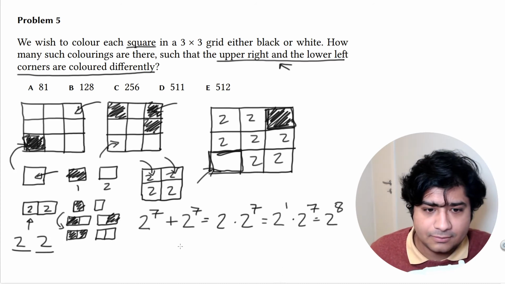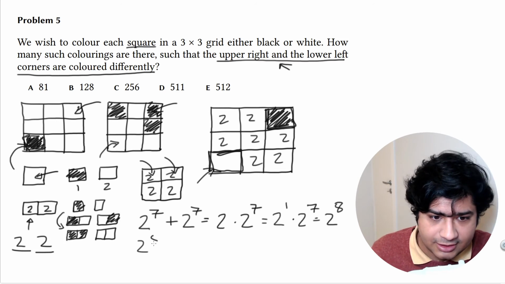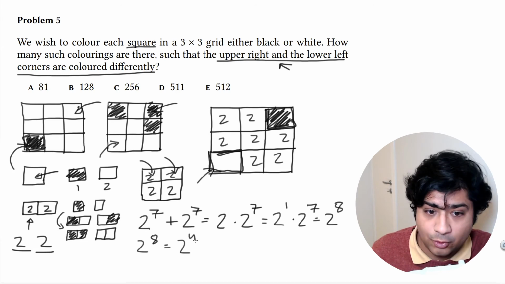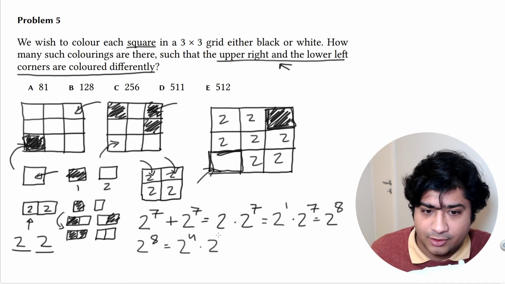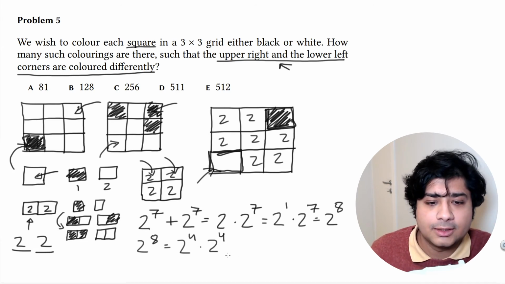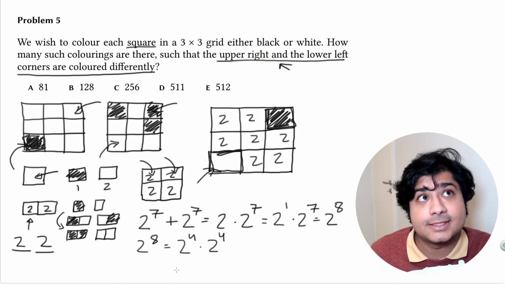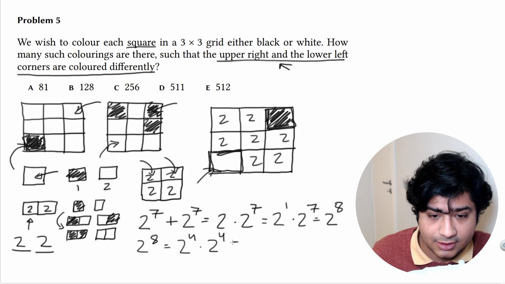And 2 to the power of 8 is 2 to the power of 4 times 2 to the power of 4. And what is 2 to the power of 4? Well, 2 to the power of 4 is 16.